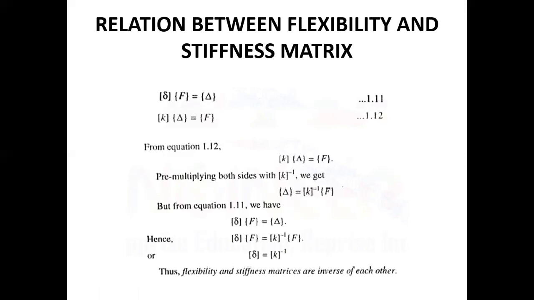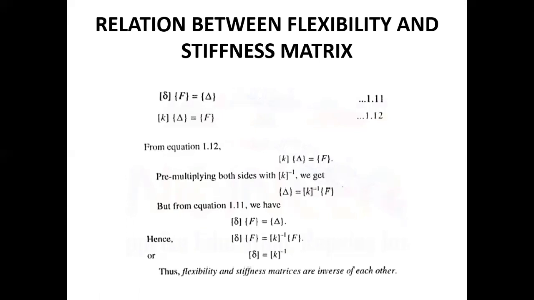If we also see this in a very general way, if anything is flexible, then obviously it will not be rigid or stiff. But if it is stiff, obviously it will not be flexible. If a material has more stiffness, then obviously the flexibility will be reduced.